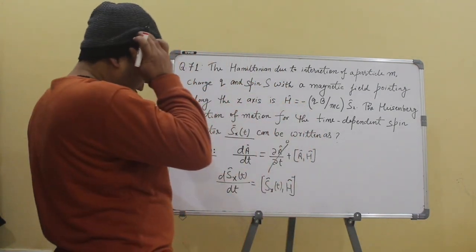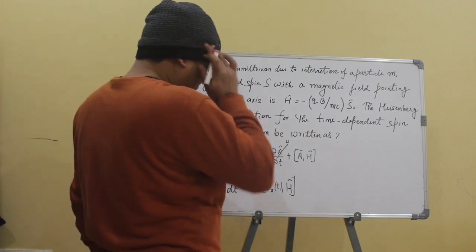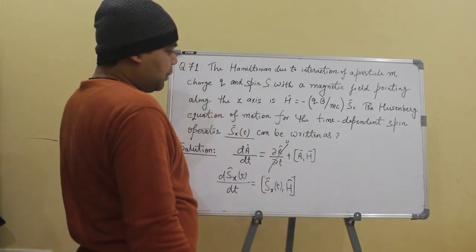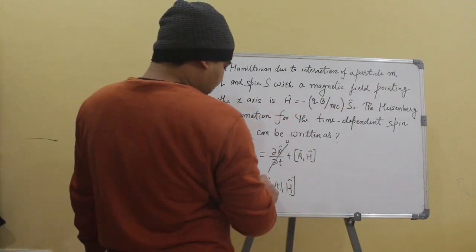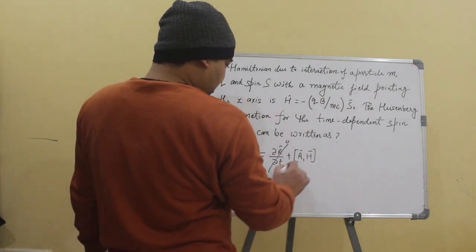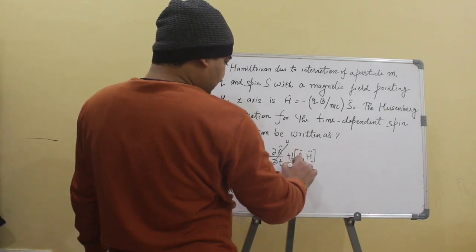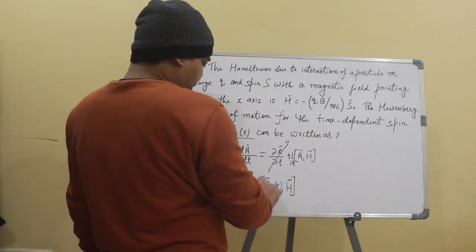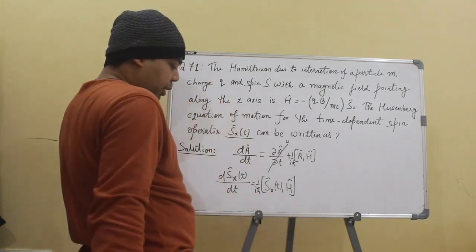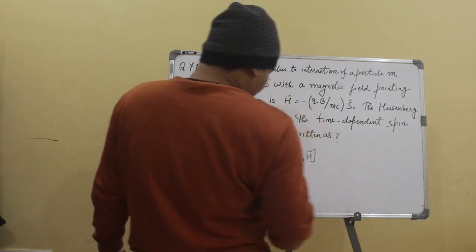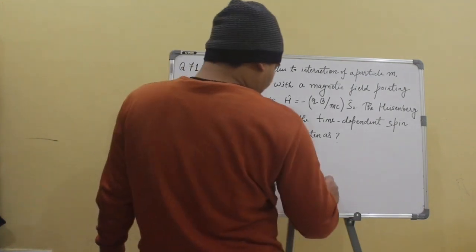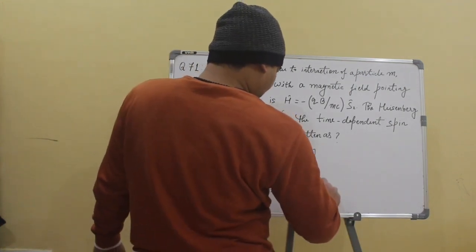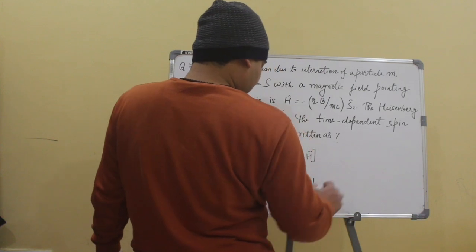So this is nothing but, just try to solve it. Now here, obviously there is 1 by i h cut. Right? Now what is this S x(t)?